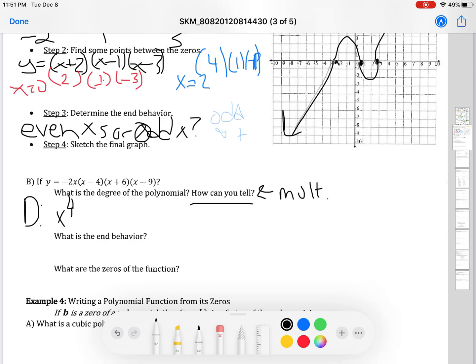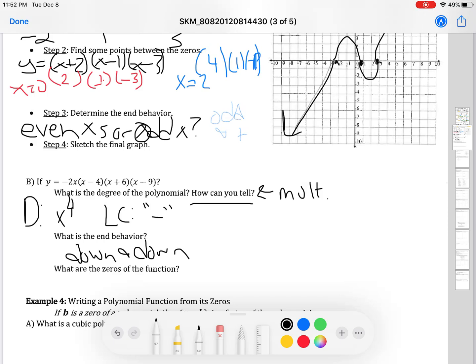I'm not actually having to do that, but if I did, it would be x to the 4th. Now think about it. It's actually going to be the leading coefficient is going to be a negative number here. -2 times 1 times 1 times 1 is just negative. So it's an even and a negative. That should be a down and down here.